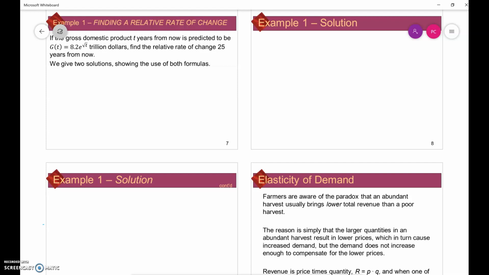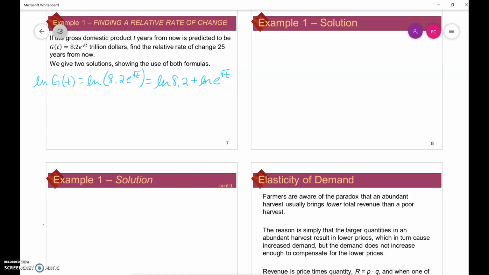Okay, the first one I'm going to try, I'm going to write this one in blue, is taking the logarithm of g of t, which is the ln of 8.2 e to the square root of t. We're going to use the properties of logarithms to expand this, giving us ln of 8.2 plus ln of e to the square root of t.